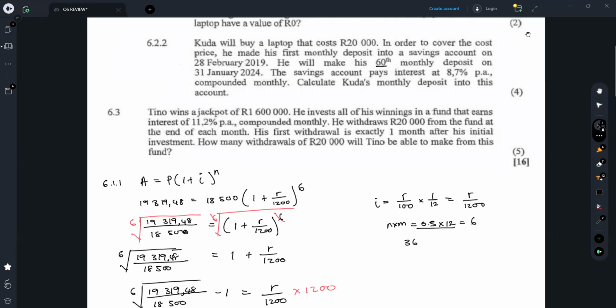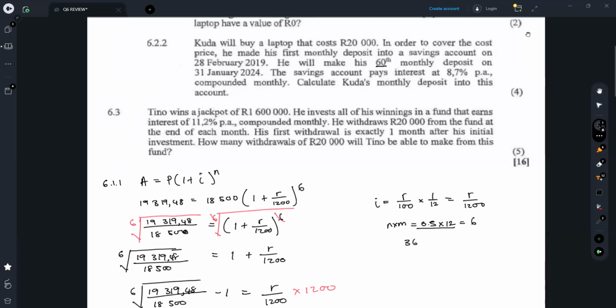He withdraws 20 grand from the fund at the end of each month. His first withdrawal is exactly 1 month after his initial investment. How many withdrawals of 20 grand will Tino be able to make from this fund?